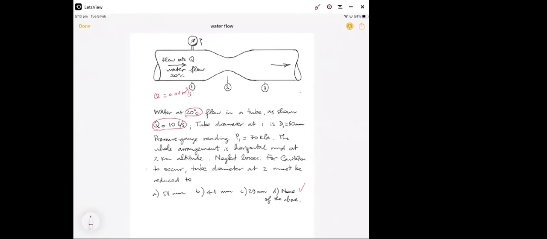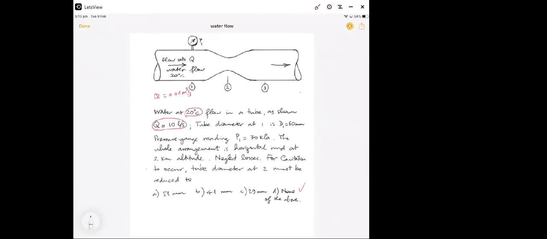No, the cavitation pressure is absolute pressure already. It's the pressure of water inside the station 2. It's absolute pressure already.